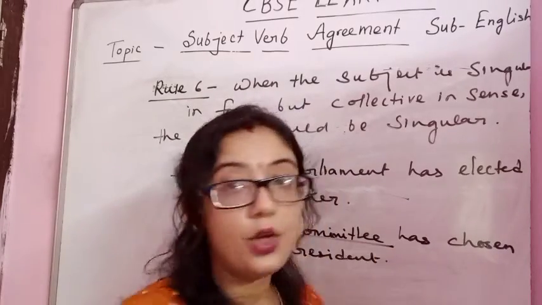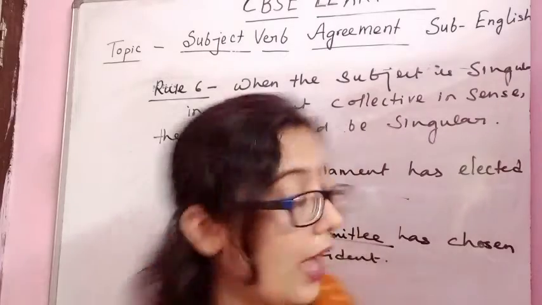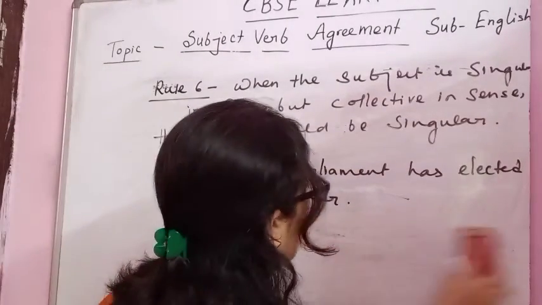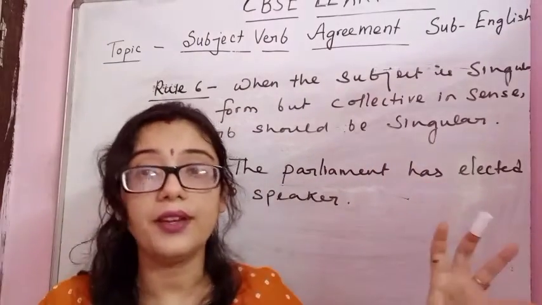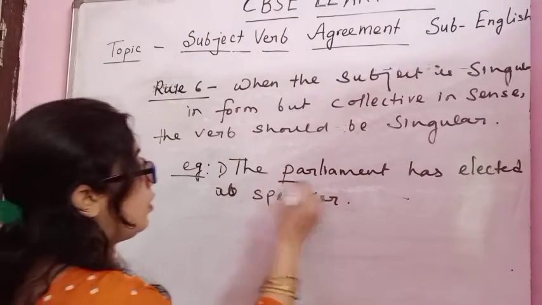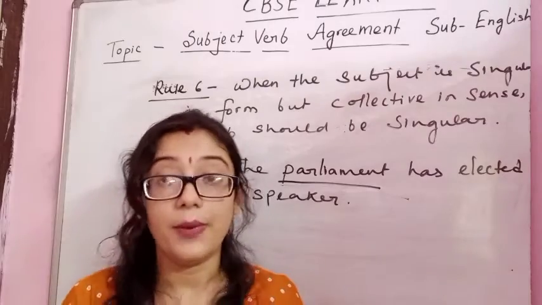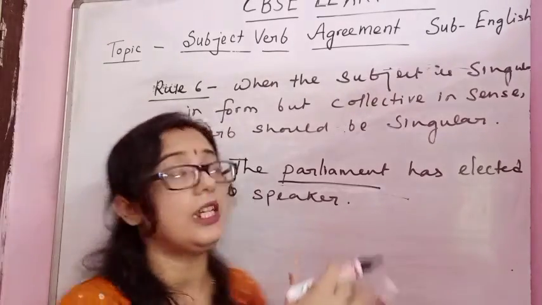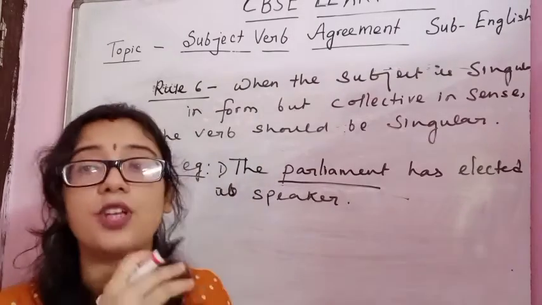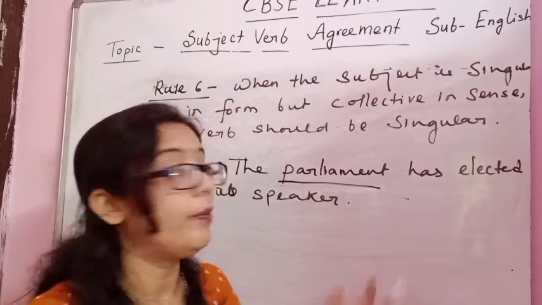It is denoting oneness. Now you have to remember that you can use the singular verb when there is oneness in the word in the singular form. But if there is diversity in the opinion of the members of the parliament, then it will be plural.